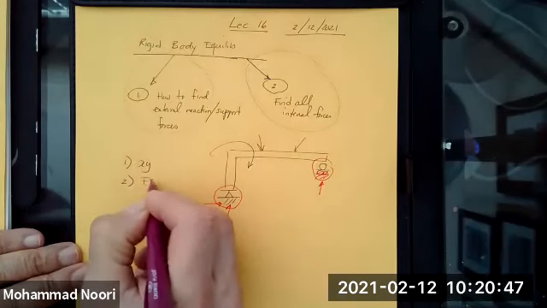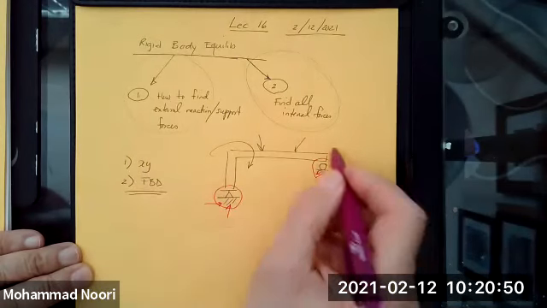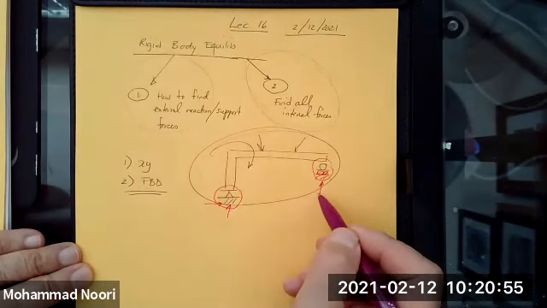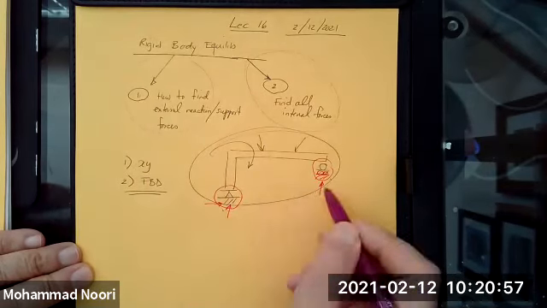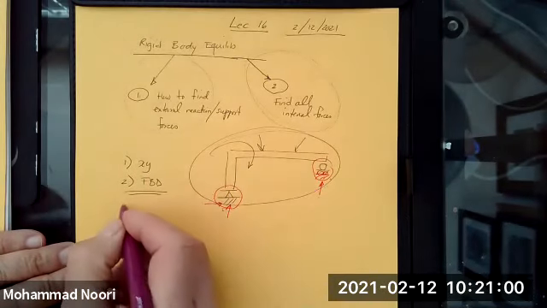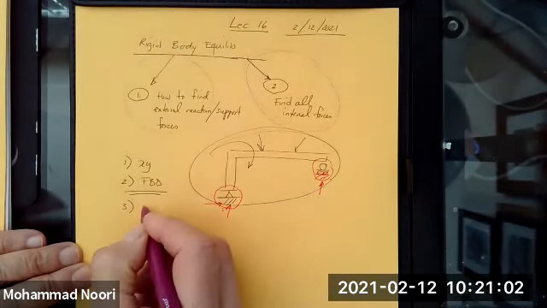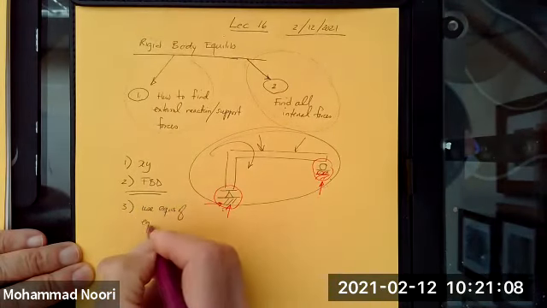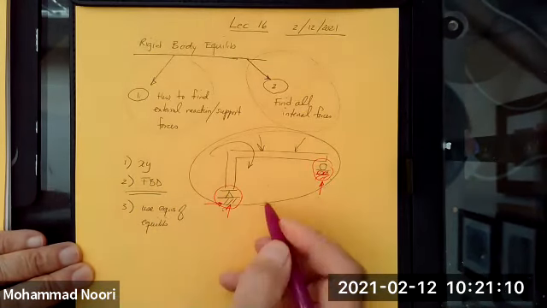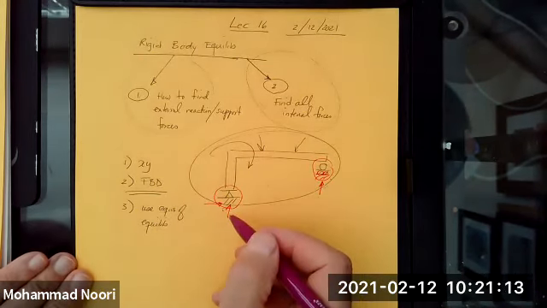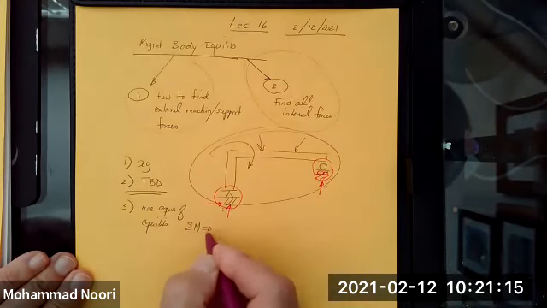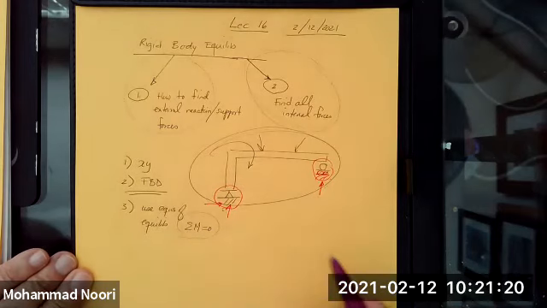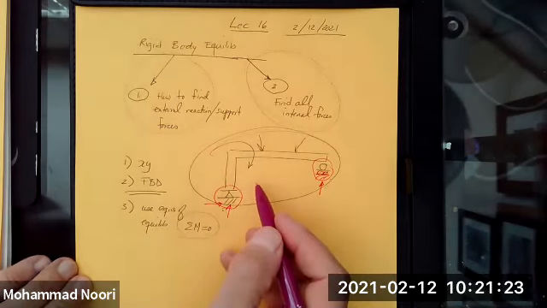You draw the free body diagram of the whole structure, meaning you detach this structure from these supports and put the effect of these supports, which is what I did, okay? Then step 3 was use equations of equilibrium, and of course, preferably starting with summation of moments equal to 0, because that is the equation which always leads to one equation, one unknown. But anyway, that's what we've studied so far.